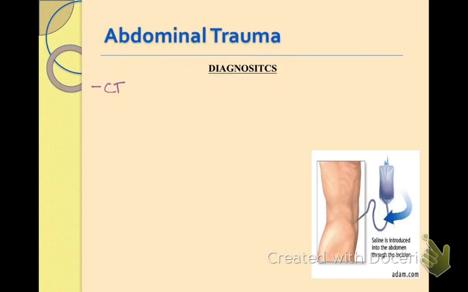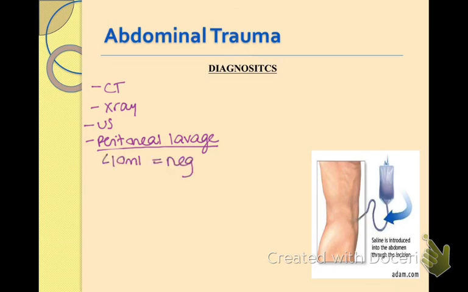Abdominal trauma, continued diagnostics: CT, X-ray, ultrasound. You can do a peritoneal lavage. I have worked in the ER for a long time, and I don't ever see these anymore, just because CT is so non-invasive and effective and quick. But with the peritoneal lavage, they take a liter of fluid and they actually insert it into the peritoneal cavity.